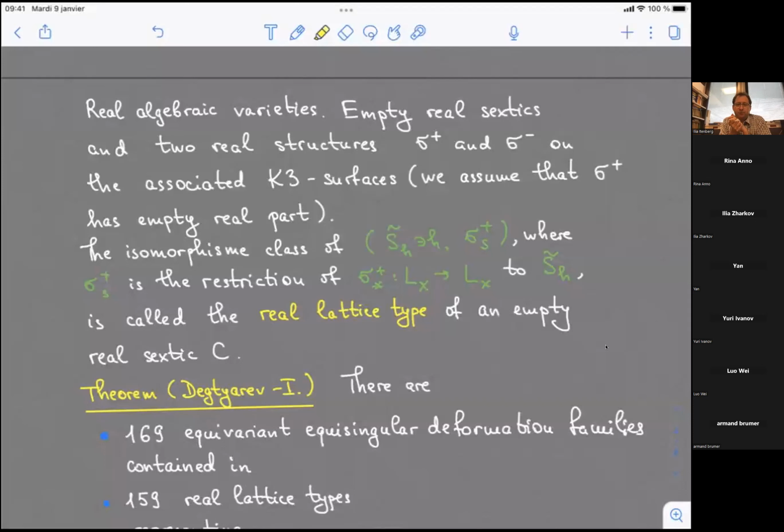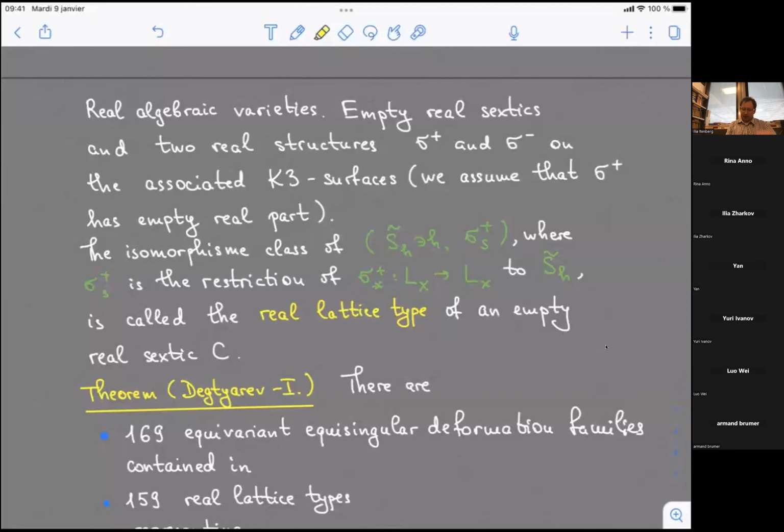The sphere is in fact the total space of a double covering of RP2. So let's denote by sigma plus the lifting of the complex conjugation to my K3 surface such that the obtained involution has empty real part.